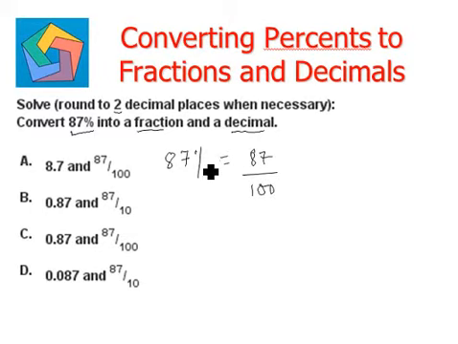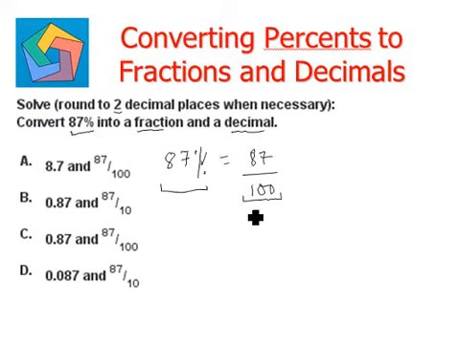So instead of this percentage sign, this becomes 87 divided by 100. So this is the equivalent fraction of 87%. Now, if we are able to reduce this fraction further, we can do that. But in this case, we see we are unable to do it, so we leave it here as it is.